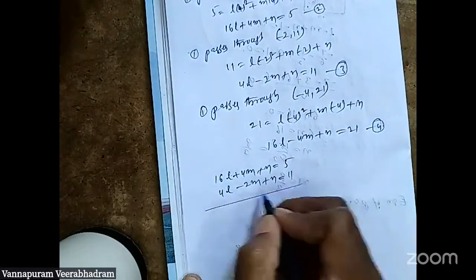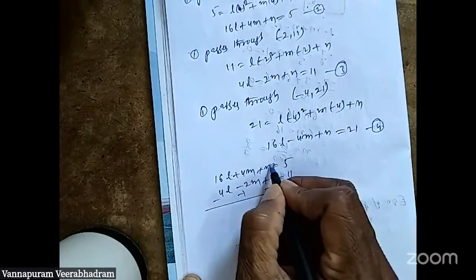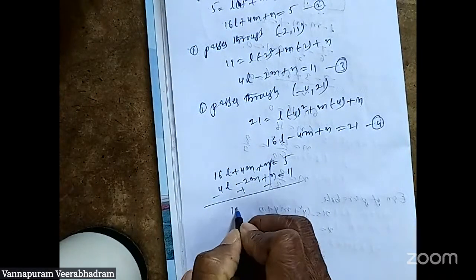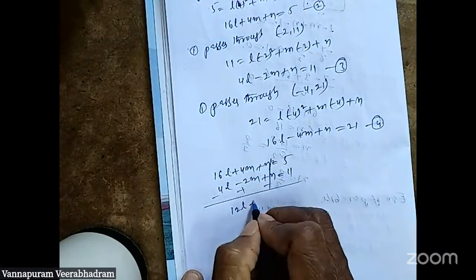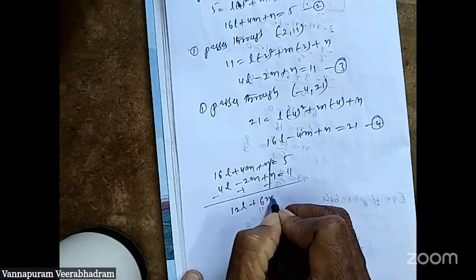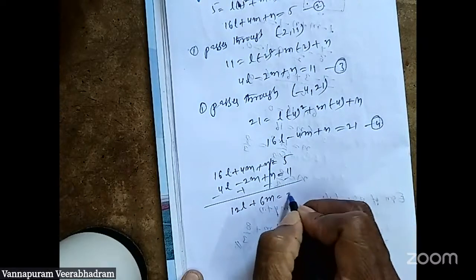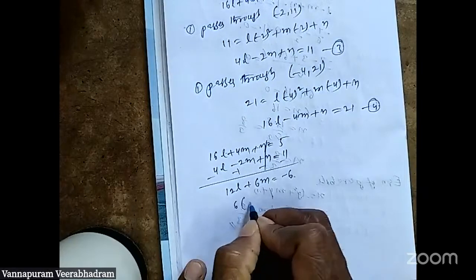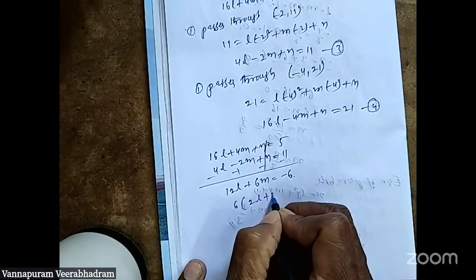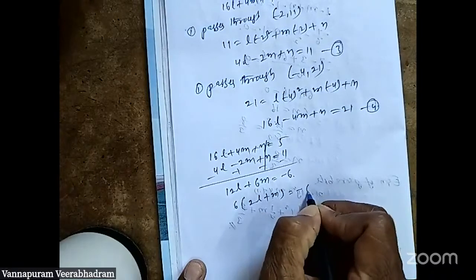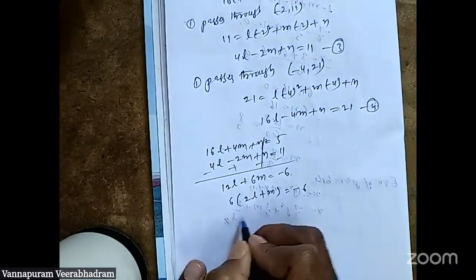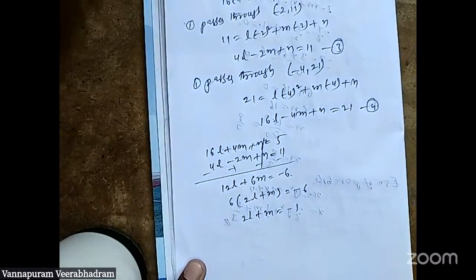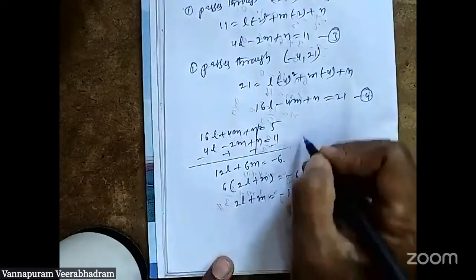On subtraction, we get n gets cancelled. 16L minus 4L, that is 12L, 4 plus 2, that is 6m, which is equals to 5 minus 11, minus 6. Here take 6 common. 2L plus m equal to minus 1. Next.